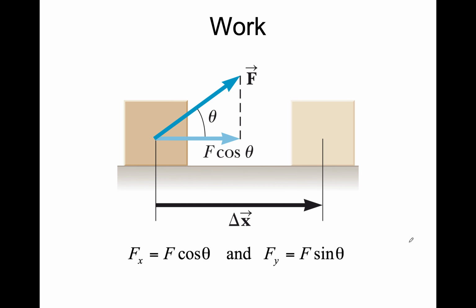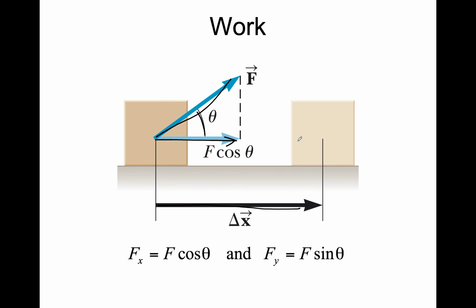Now the question is, what happens if the force is not in the same direction as the displacement, as shown in this situation? The force is at an angle theta relative to the horizontal direction and the displacement is in the horizontal direction. Then we should only calculate the work using the component of the force that is in the same direction as the displacement.